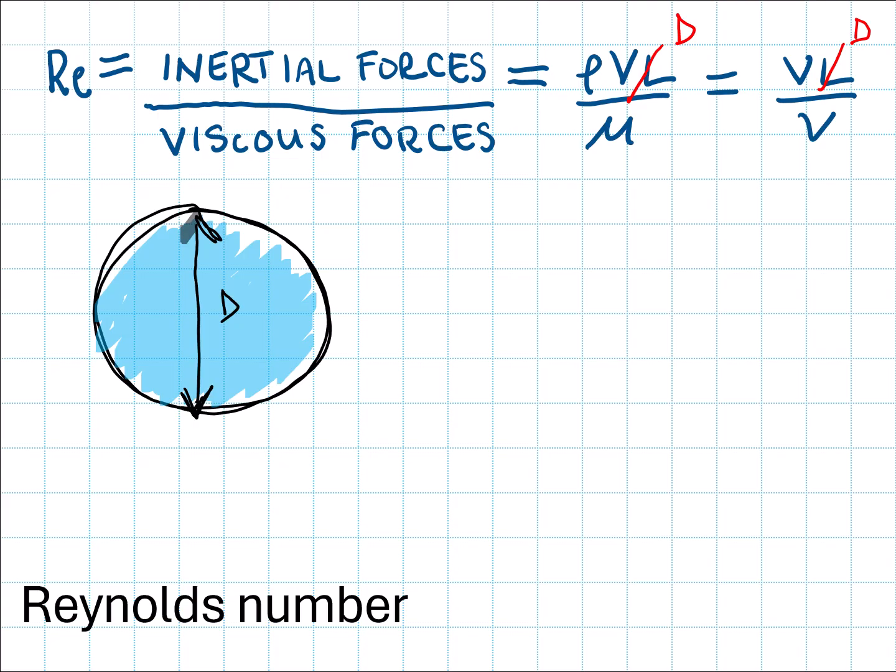So actually, the diameter of the pipe is another parameter called the hydraulic diameter of the flow.